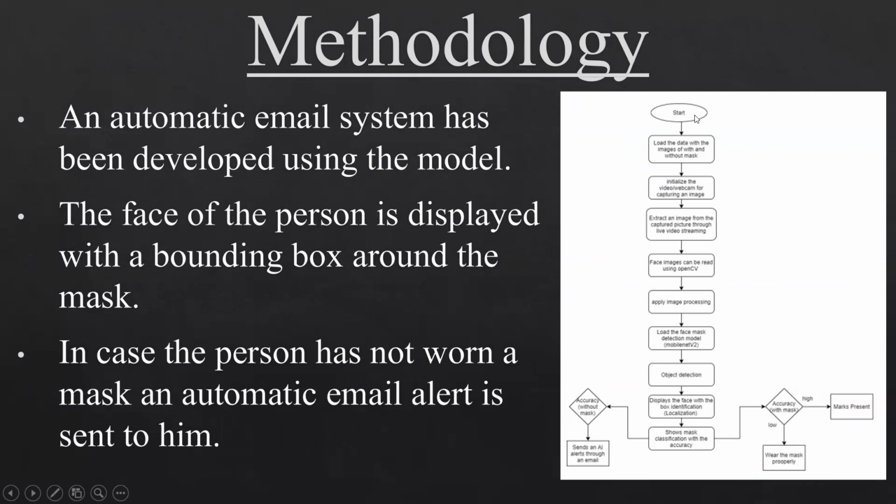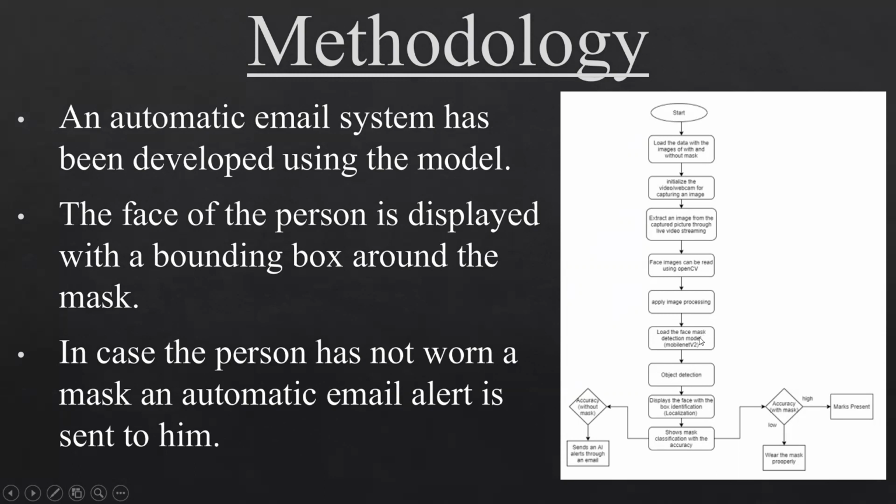Now, the methodology that they've used, so you can look at this flowchart. It's like a complete sequence of the research paper and how they've implemented it. So basically, in short, what they've done is they've initialized the video or webcam to capture an image. And from that live video stream or live camera feed, they've extracted an image and passed it to the model, which is MobileNet version 2.